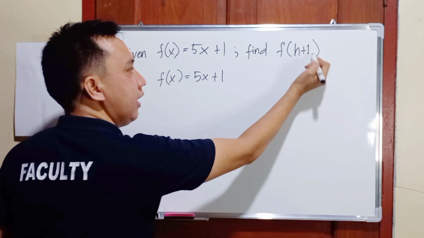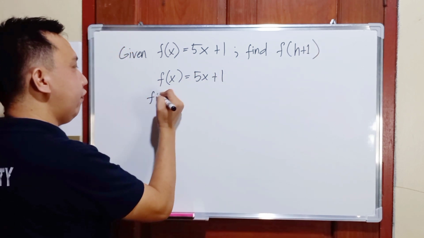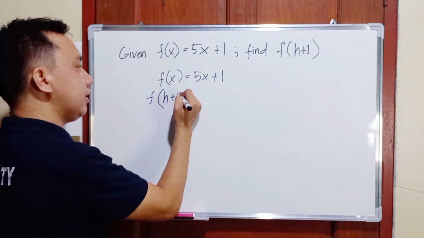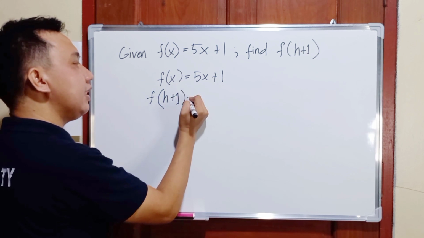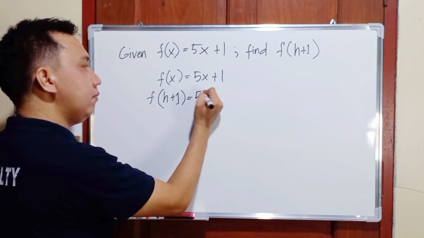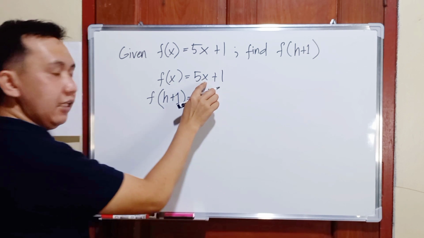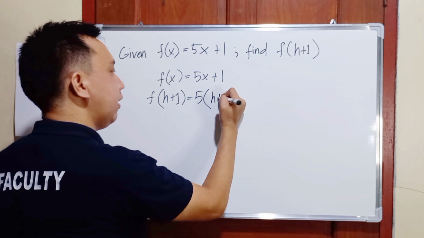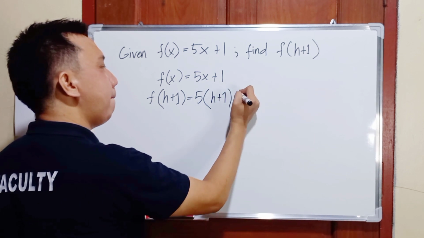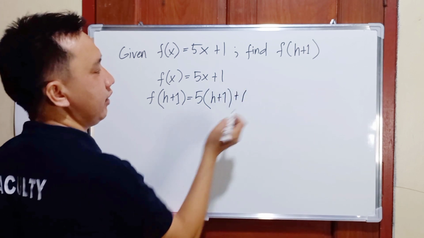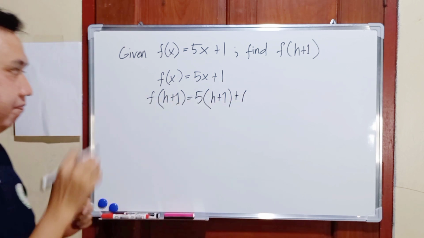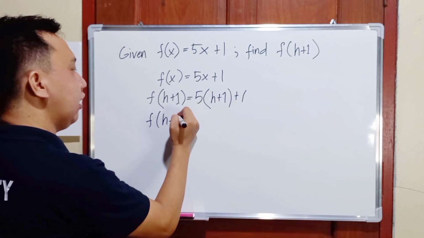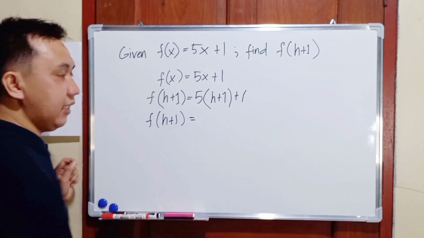Ito, h plus 1 yan. So, f, ang ating x ay h plus 1 is equal to 5 times the value of x is h plus 1. Plus 1. Kinukopya lang yan. Ngayon, isi-simplify natin to. Paano pag-simplify yan?